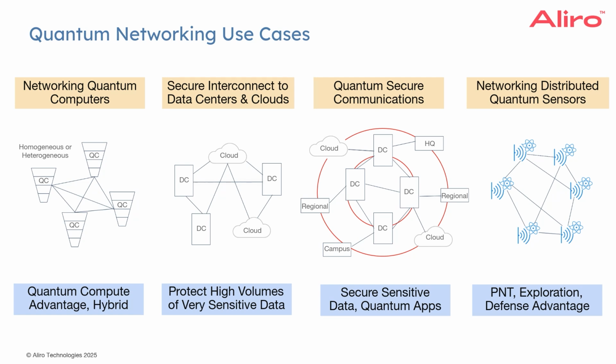And if you can network those quantum sensors with entanglement, it's been proven you can get a much higher resolution. For example, a much higher timing resolution, which would give you a much better precision in positioning assets and things. So networking quantum sensors is another application of entanglement-based quantum networking.